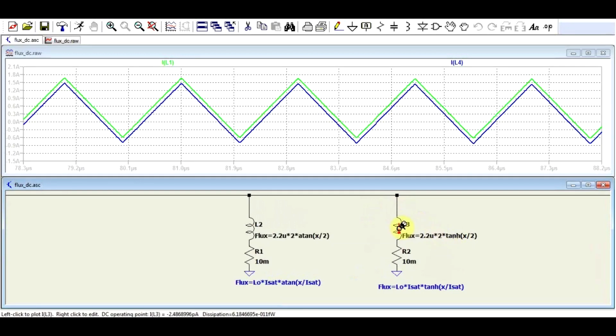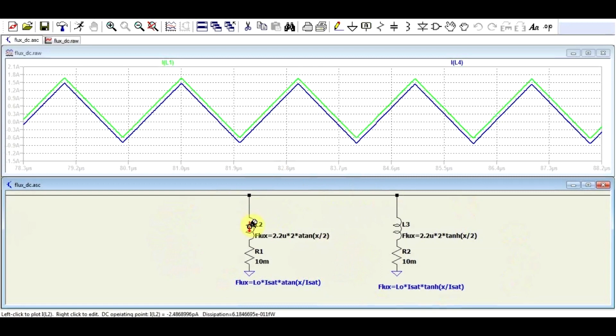Well, the easiest way I found to do this was using this sort of expression of the flux. So you write a formula in this shape in which you equal the flux to the base inductance times the saturation current, and then you either use the arctangent function or the hyperbolic tangent function, in which you divide the current going through the inductor by the saturation current again.